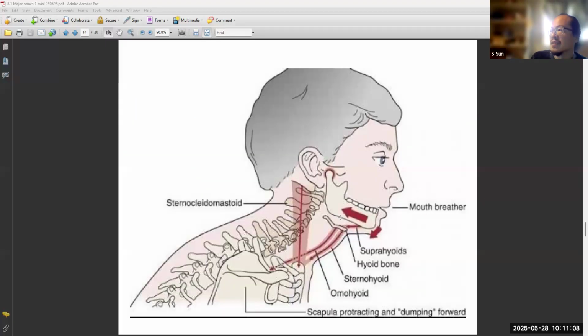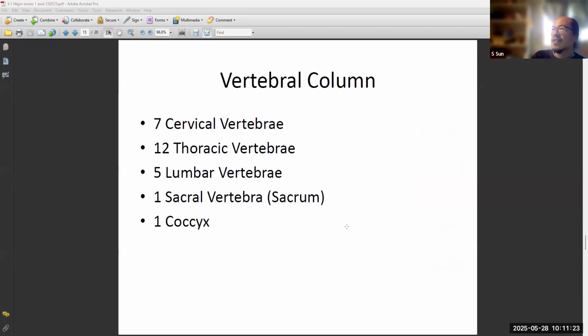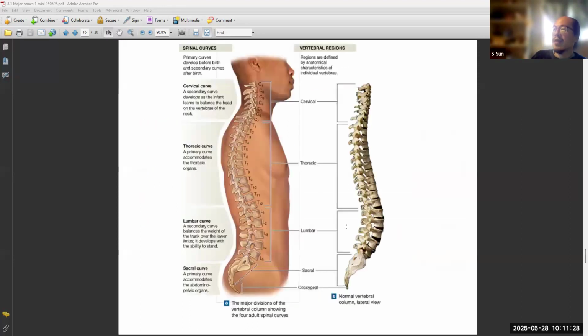And so when it controls our chewing, swallowing, yeah. This picture just gives you the idea of where it is located when you see the side view.